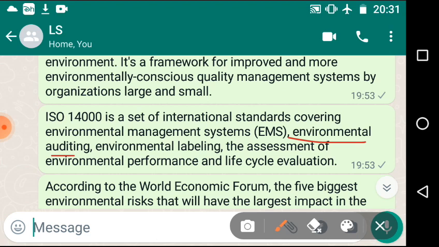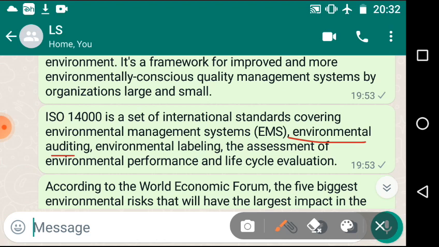On the other hand, you can say environmental auditing is essentially an environmental management tool for measuring the effects of certain activities on the environment against set criteria or standards.